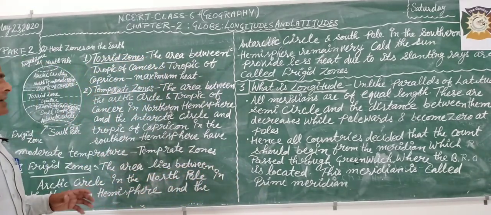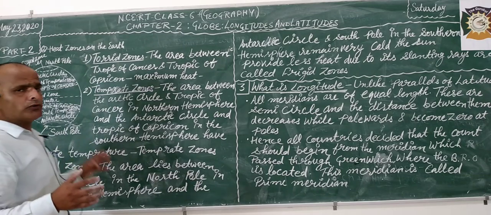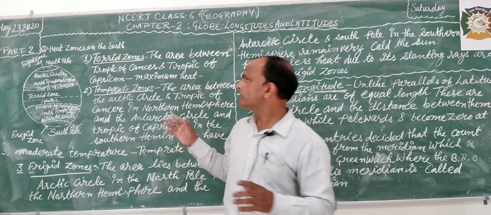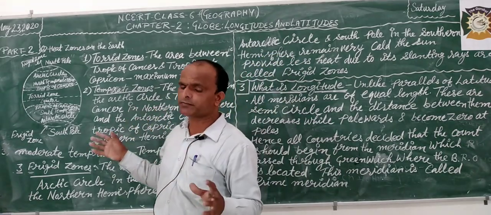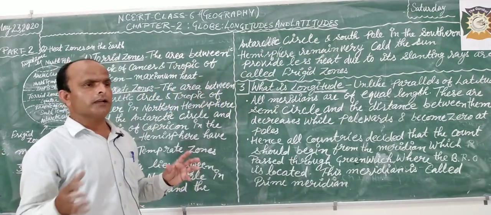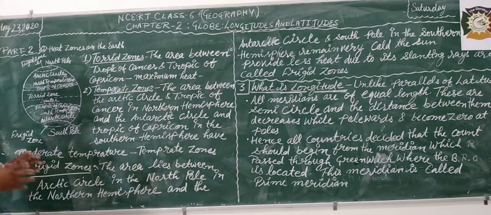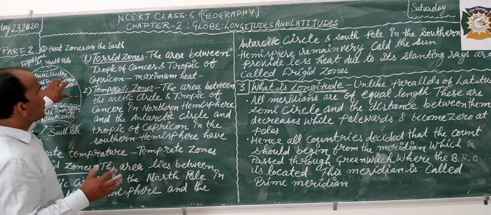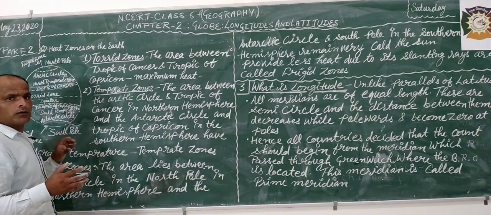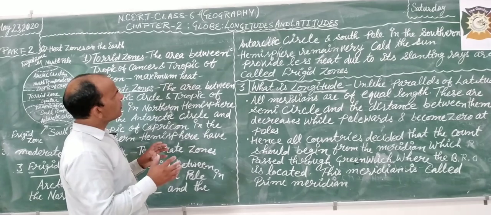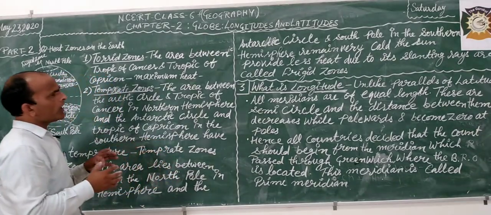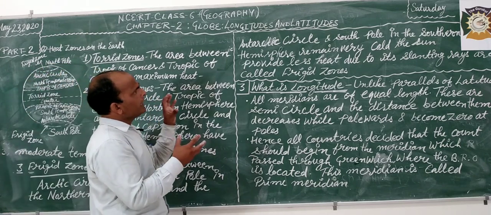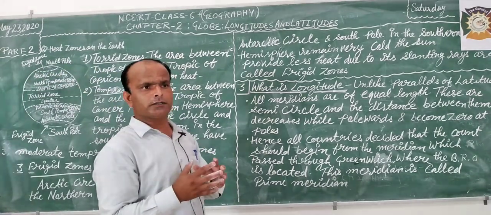In the previous lecture, I told you that I have divided this chapter into two parts. The first part has been discussed, in which we discussed the globe, its features, the properties of globes, and why we need a globe. Apart from the globe, we also discussed latitudes and longitudes.